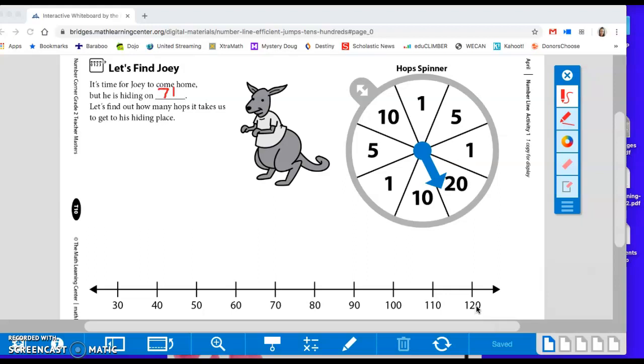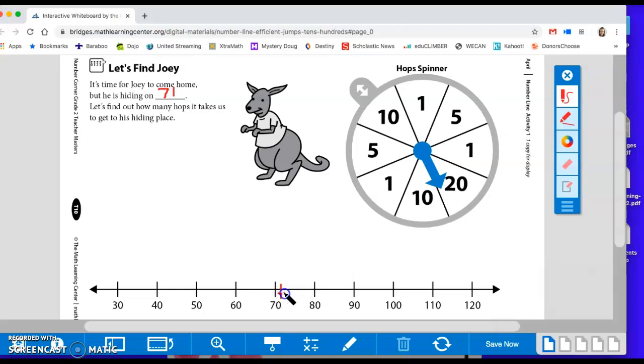As you're making your number line on your paper, I want you to label where 71 would be. Here is our benchmark of 70, so 71 would be right after that. I'm going to make a tick mark and write 71 below.